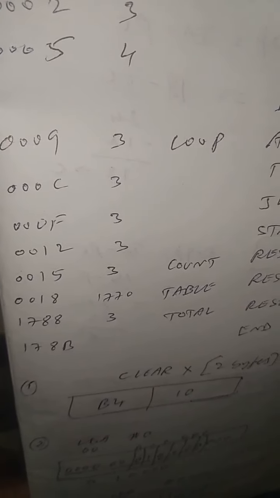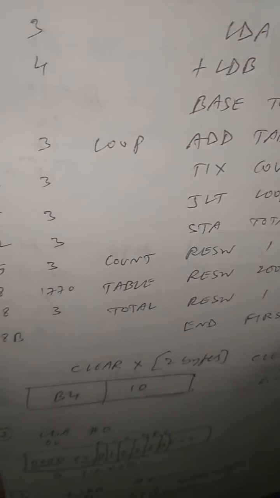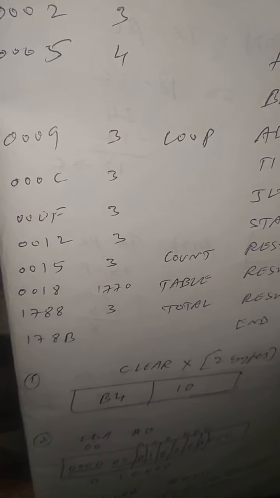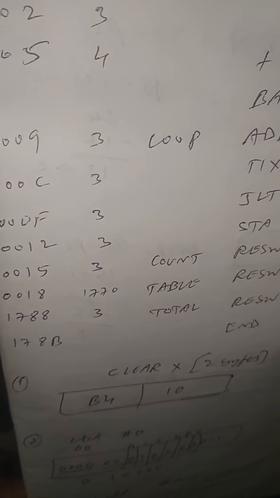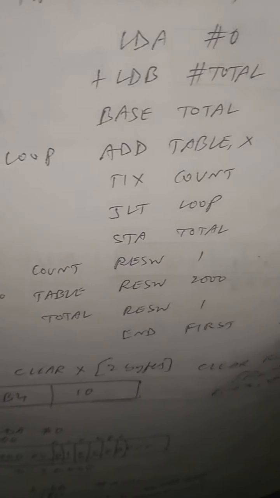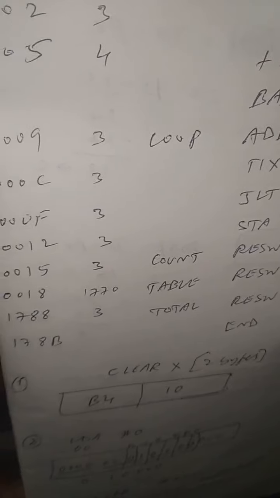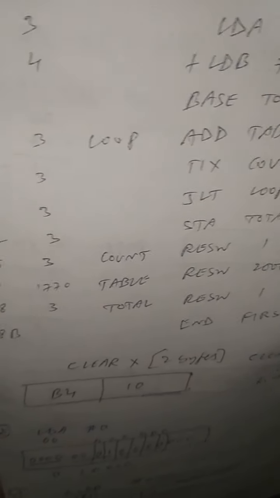Then comes F, JLT LOOP, again 3 bytes, so F, 10, 11 are taken by this. Then comes 12, which is STA TOTAL, again 3 bytes, so 12, 13, 14 are taken by STA TOTAL.